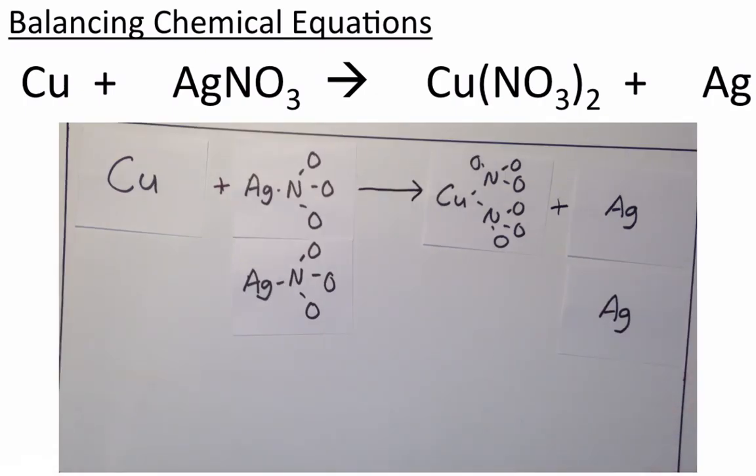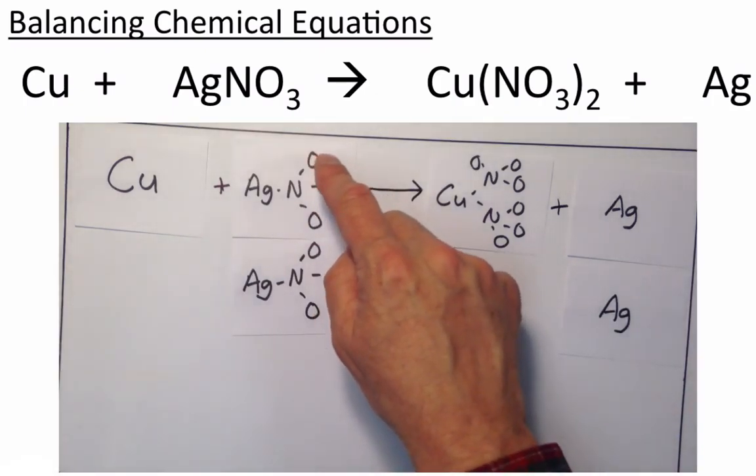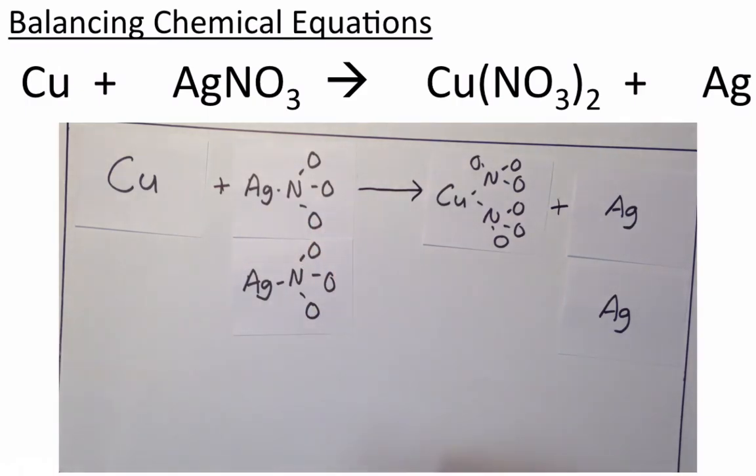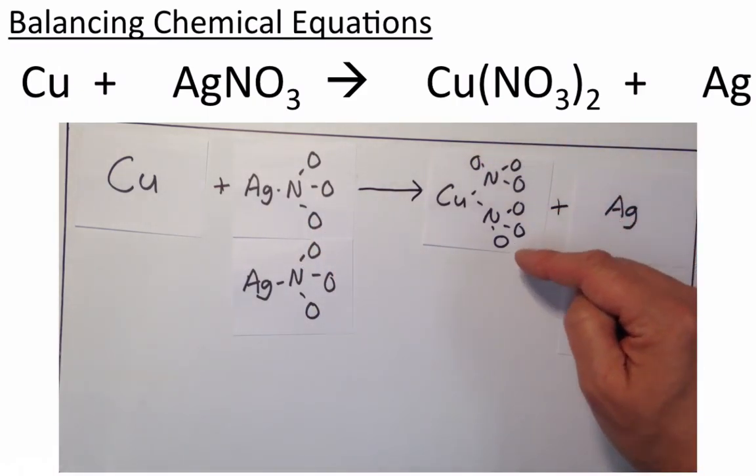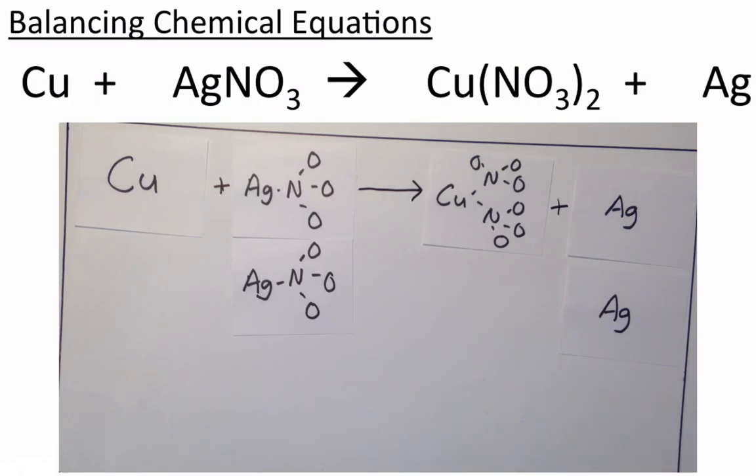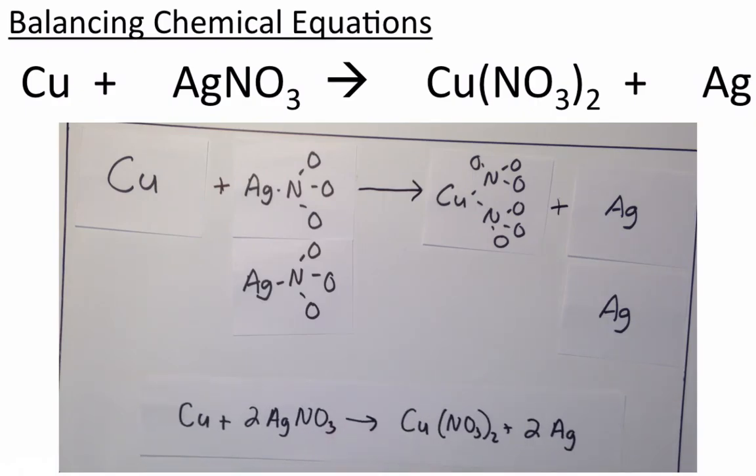So let's add another silver. And now I have 6 oxygens, 6 oxygens. The formula is balanced. And my formula is now Cu plus 2AgNO3 yields CuNO3 plus 2Ag.